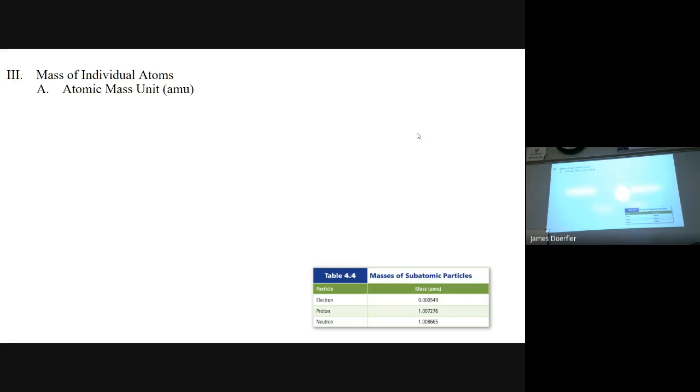Trying to use units like meters or inches or centimeters is really just not going to be useful. Pounds, kilograms, still not going to be useful, especially when we're talking about mass. So they developed a new unit that is reserved only for those items at the atomic level. And here's how they came about it.